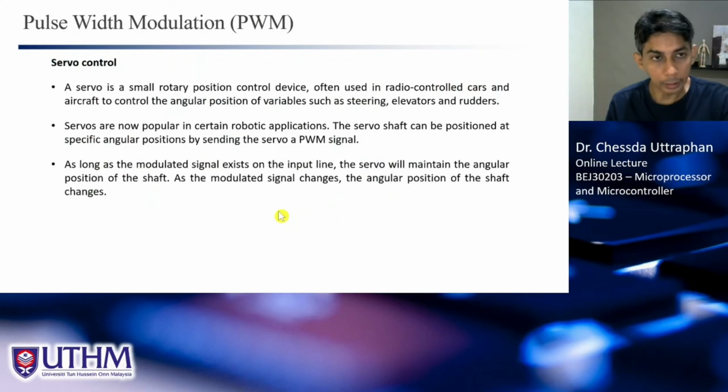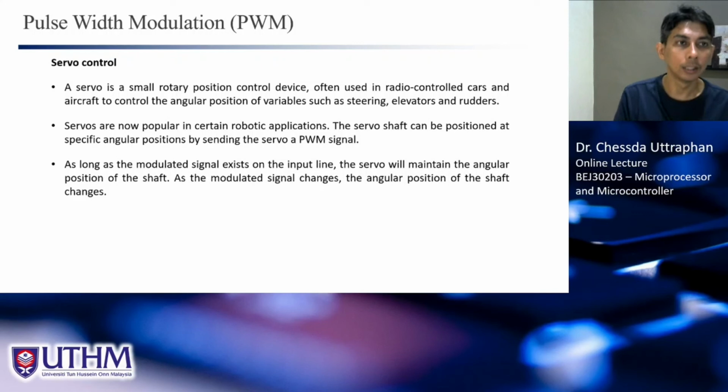So let's look at another application, which is a practical application of the PWM. The first one is to control the servo motor. A servo is a small rotary position control device. It is a motor that can be used to control the position of the rotator.